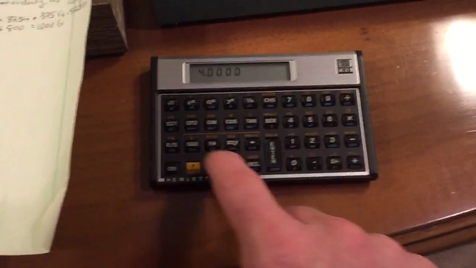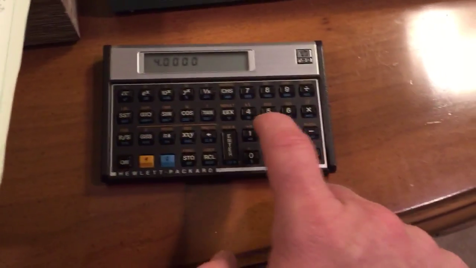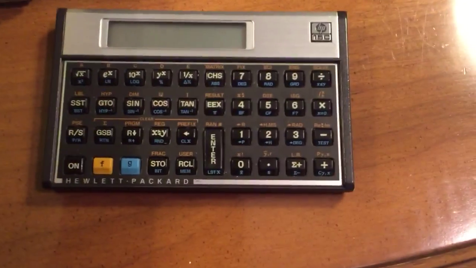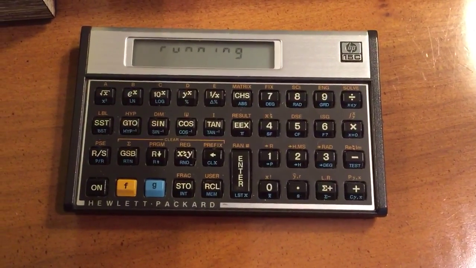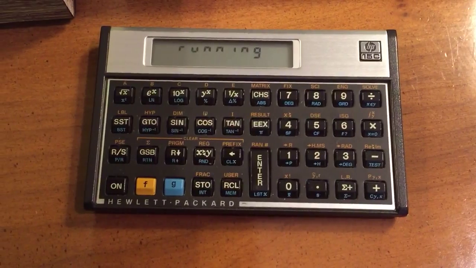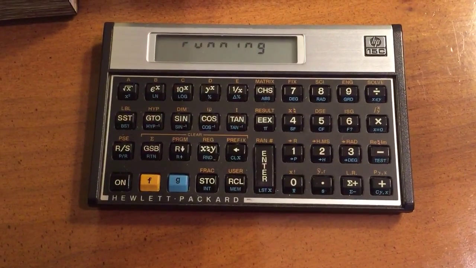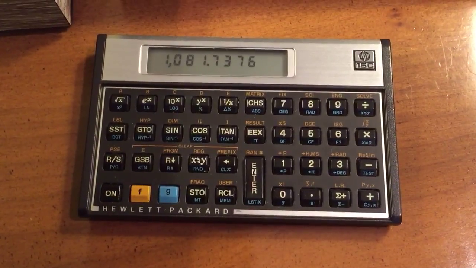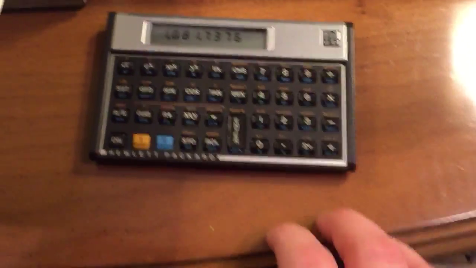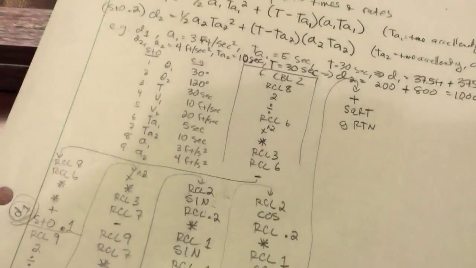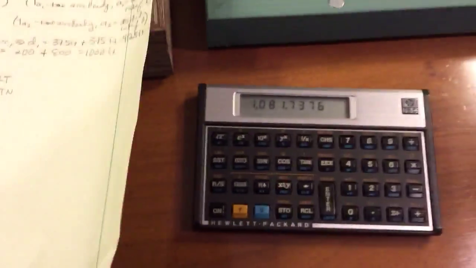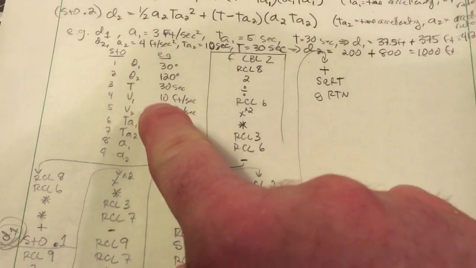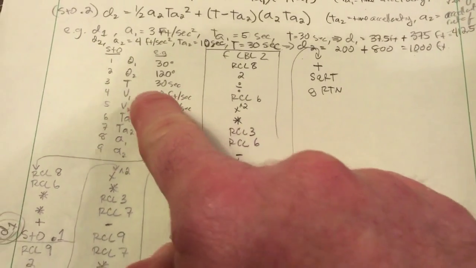Okay, and let's go sub 2. Let's see how far apart they are after 30 seconds. About 1,000 feet. All right, what if we stretch that and we wait 5 minutes? Wait, which one is it? Total time, 3.